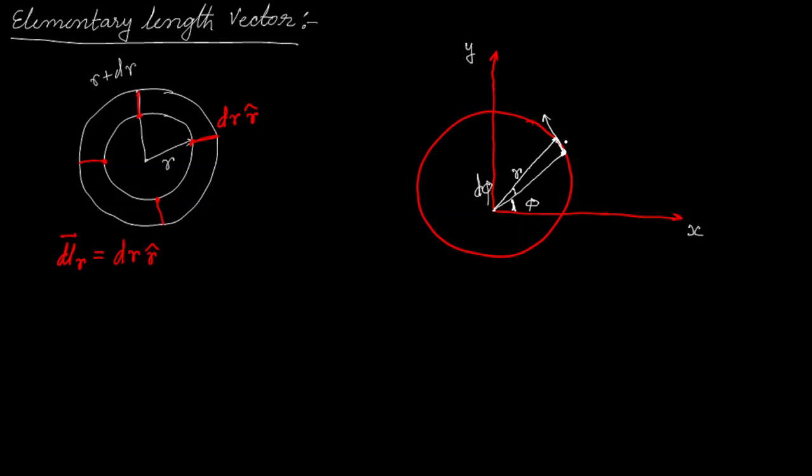So this will give you the elementary length vector along phi cap, which we define as dl phi.